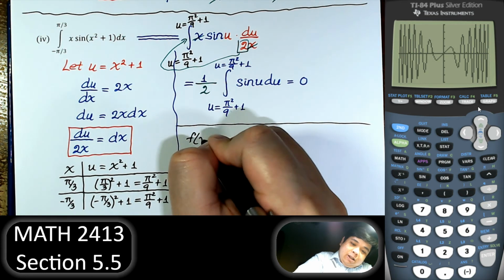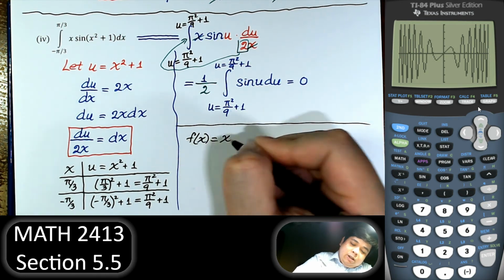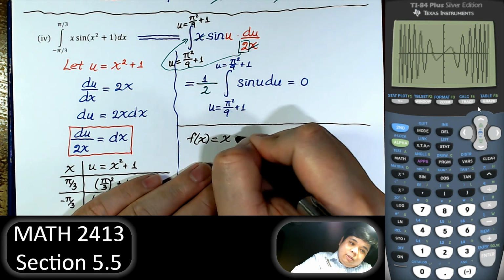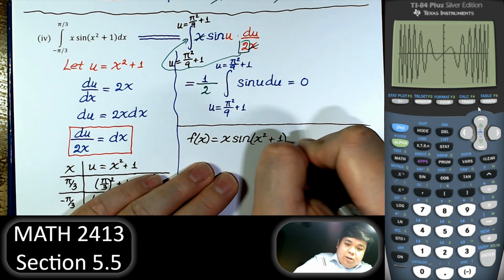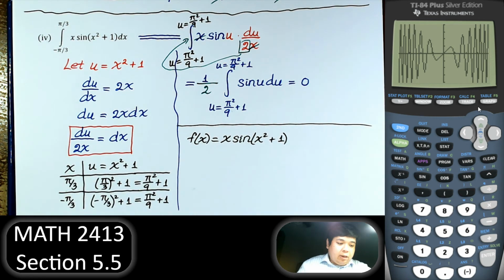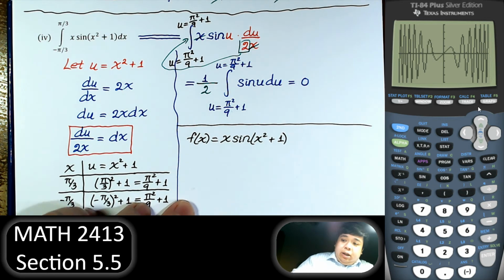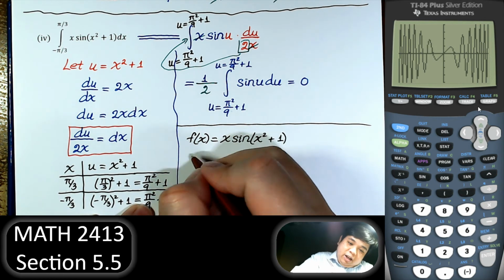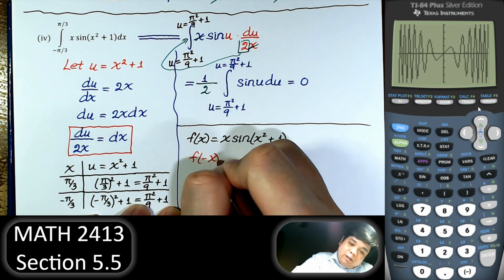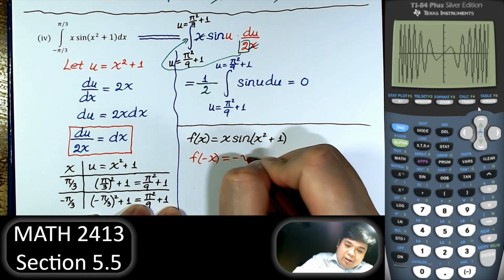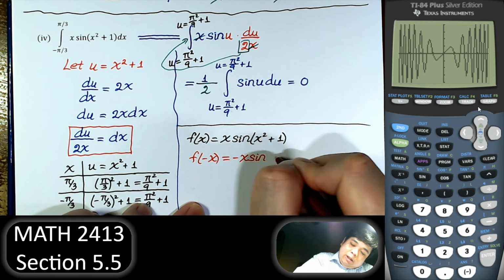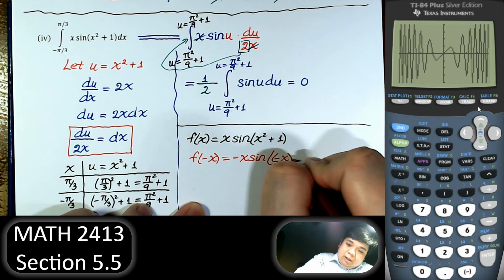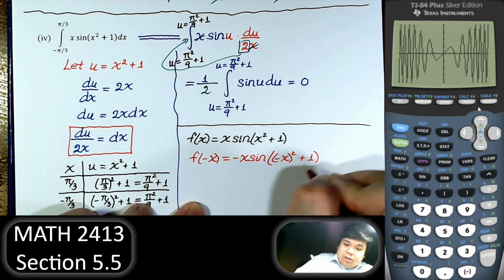If we have f of x equal to x sine of x squared plus 1, so if I start with f of negative x, I have negative x sine, substitute negative x into x.